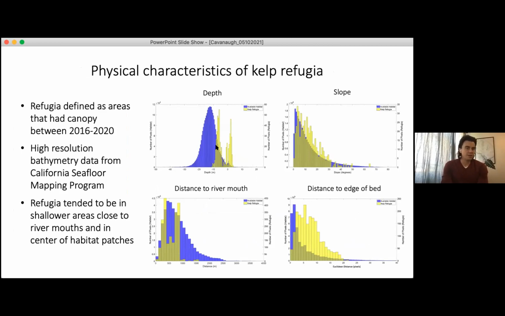What preliminary results indicate is that these refugia, these areas that persisted, tend to be in shallower areas. They tend to be a little bit closer to river mouths. If you look at this bottom left-hand panel, the yellow shows the distribution of the refugia. The blue-purple shows the distribution of habitat, basically normal kelp distributions in this region. So you can see that the kelp refugia tend to be in a shallower depth range.